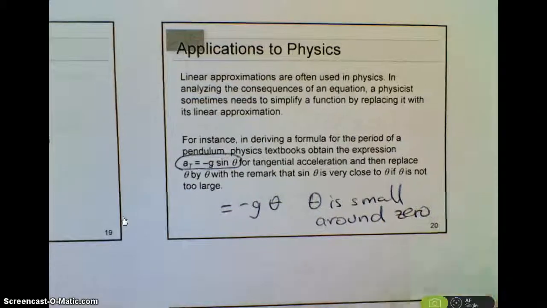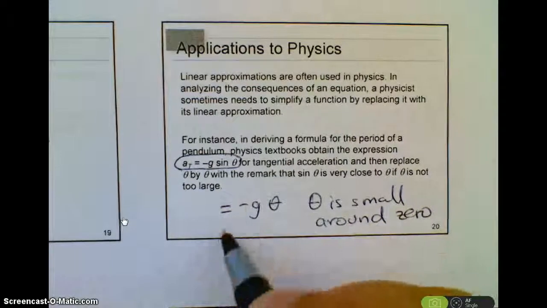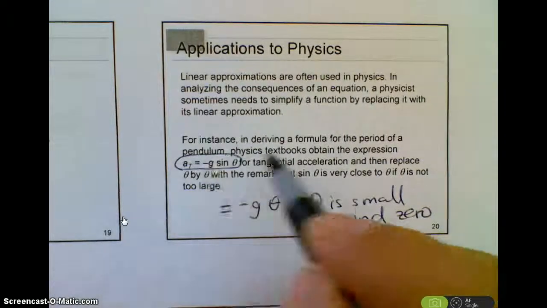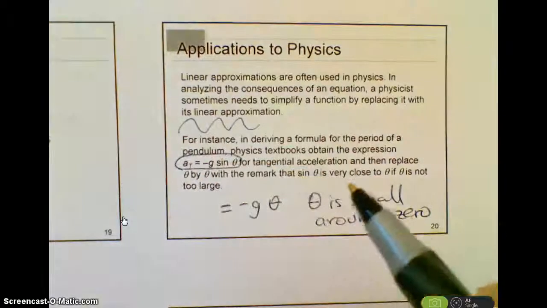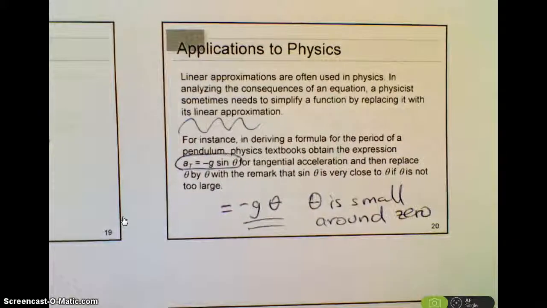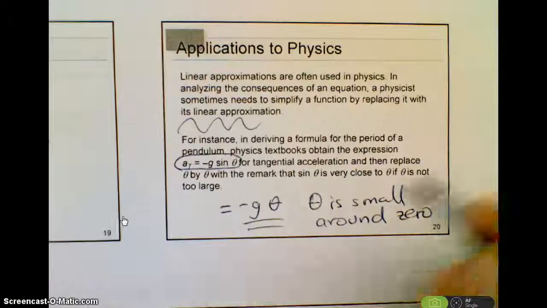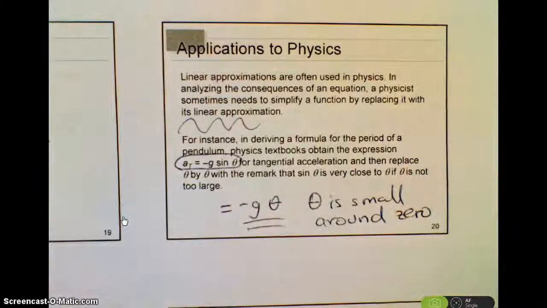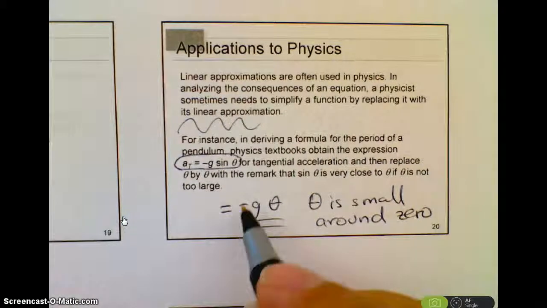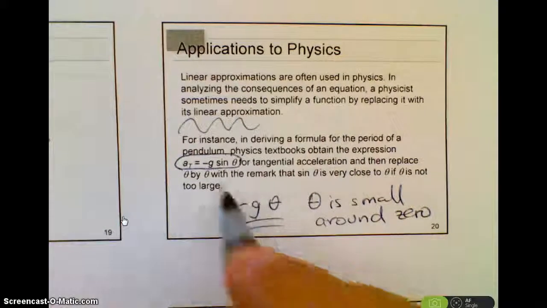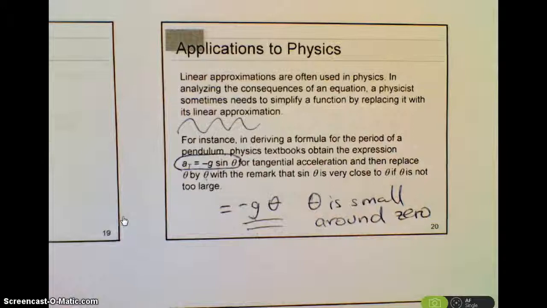So that is very good news, that instead of having a function that varies like this, calculations are a lot faster if you have an equation that just looks like this rather than having a trig function. But why is this equivalence possible? Well, that's thanks to linearization.